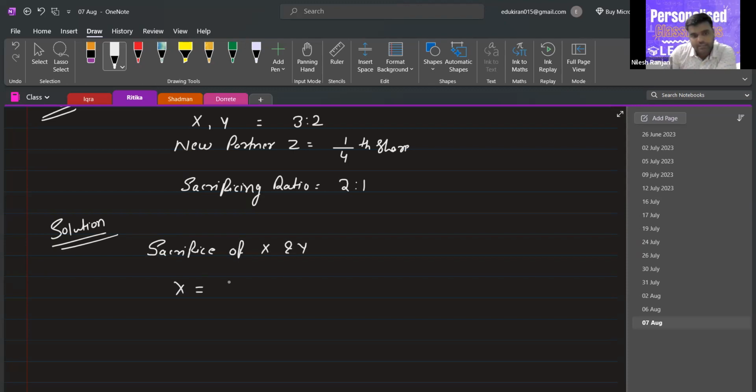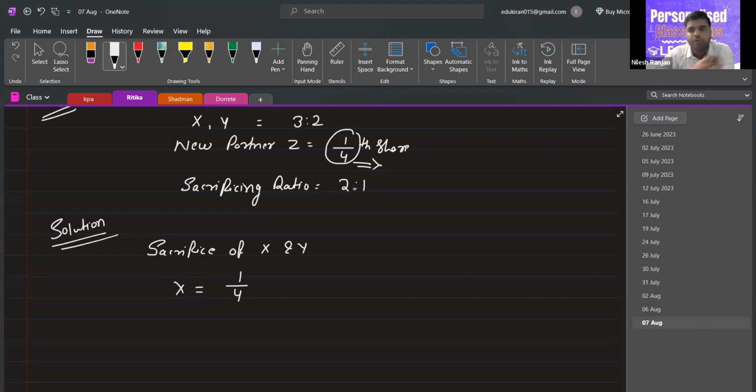This profit is given, or sacrificed, by X and Y in this ratio, so we will distribute it in 2:1.